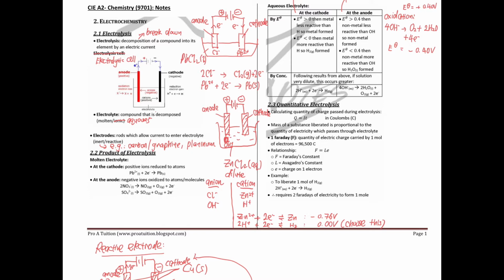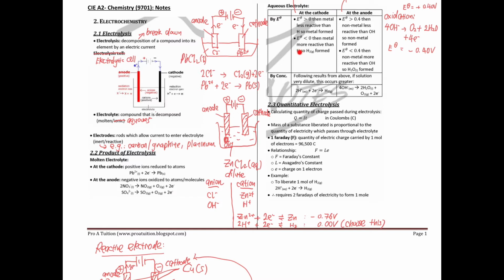Now you look at the theory here. Normally the cations are metals. If the E theta of the metal is more than 0, okay, our case here is less than 0, so we look at less than 0 first. If our E theta is less than 0 for the metal ion, for the zinc ion here, then the metal is more reactive than hydrogen.